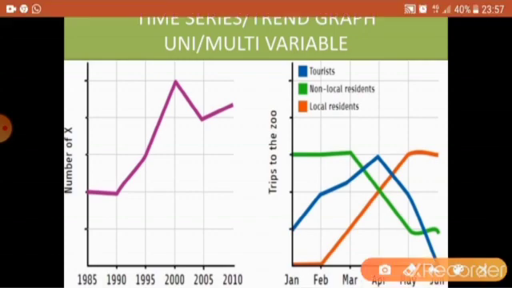In the example given, it is tourists, non-local residents and local residents, and how many people have visited. Based on this, a time graph has been drawn. The green color shows the non-local residents, the red color shows the local residents, and the blue color shows the number of tourists. With this time graph, it helps us to draw the time series.